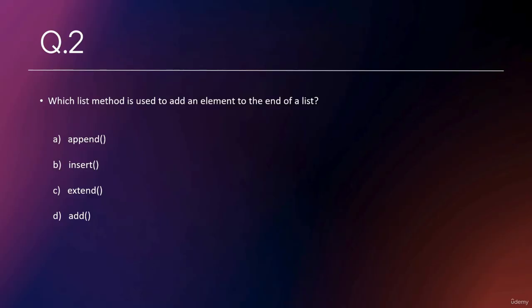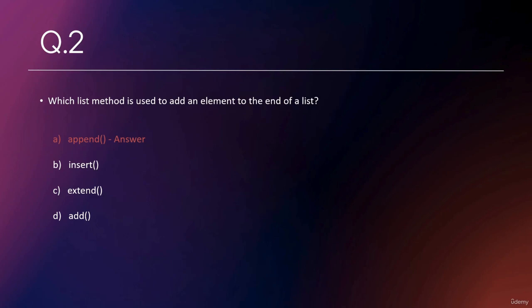So if we move on to the answer, the correct answer is A. This one always adds an element at the end of the list. The insert method is used to add a new element or item at a particular index. So we can add it at the last index, but the usage is to add somewhere in between. So the correct answer is A, append.